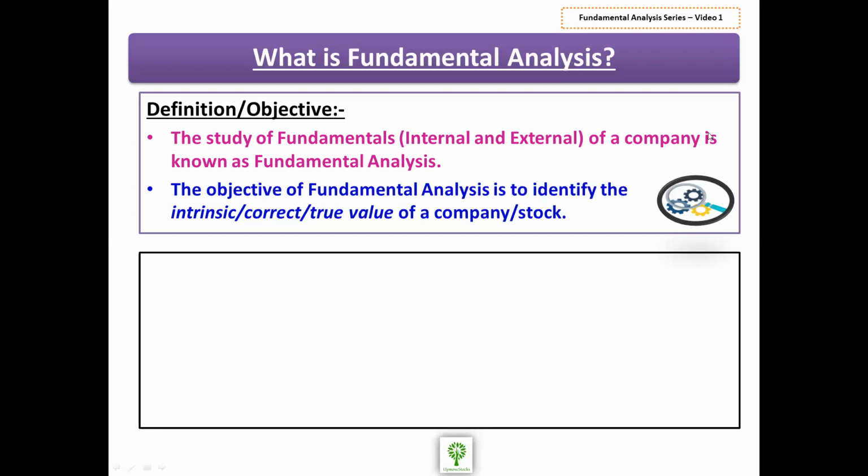Fundamental analysis helps you identify the correct, or in technical terms the intrinsic value of the company or its stock, or you can say the true worth of the stock. We will describe in a little more detail why it is done.